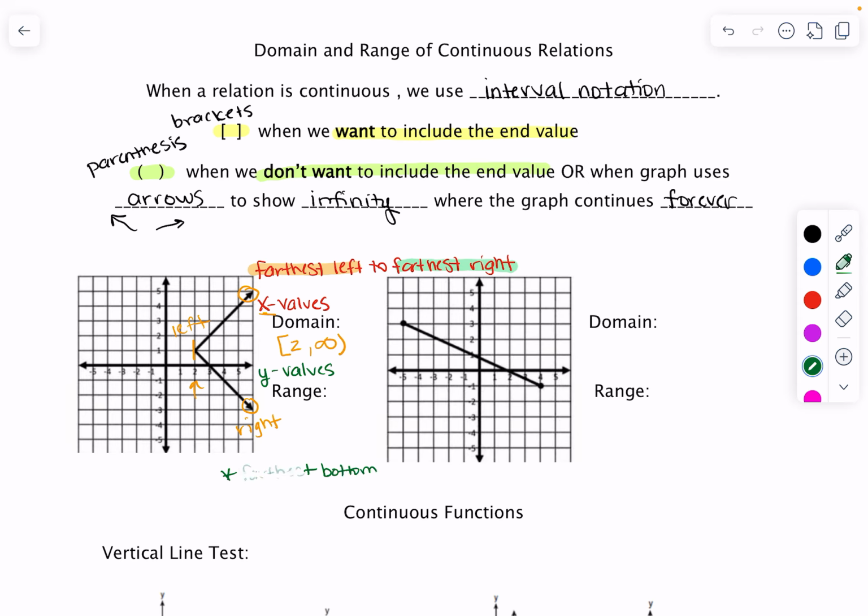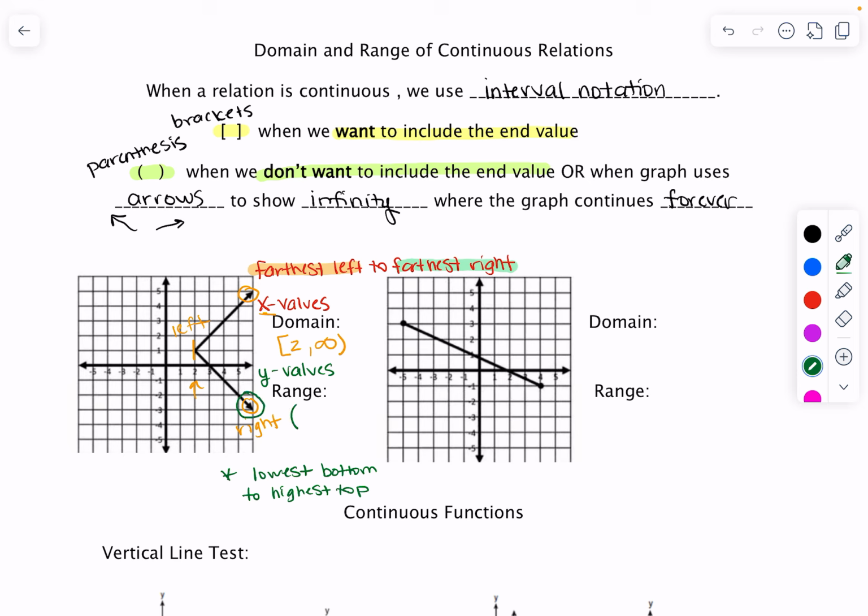We can actually say, let's say lowest bottom to the highest top. Sorry that I didn't leave you guys enough room here. I should have left more room for these examples. So my farthest bottom is the same as my furthest right, which is right here.